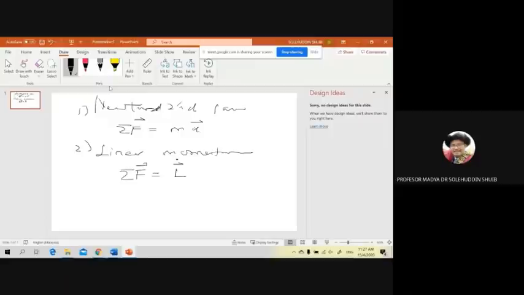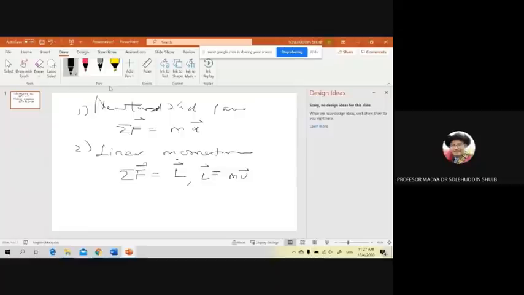Basically, linear momentum, L equal to mv. In this case, the resultant force acting on a particle is equal to the rate of change of linear momentum of the particle.